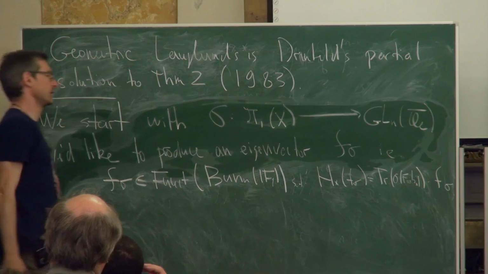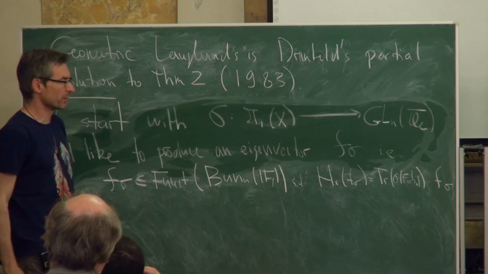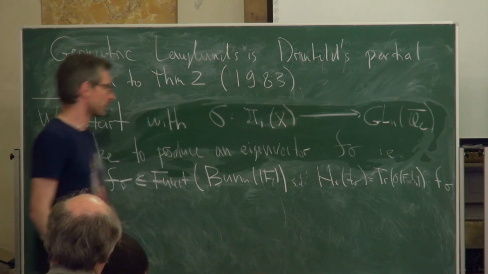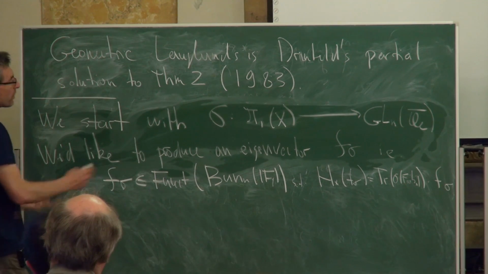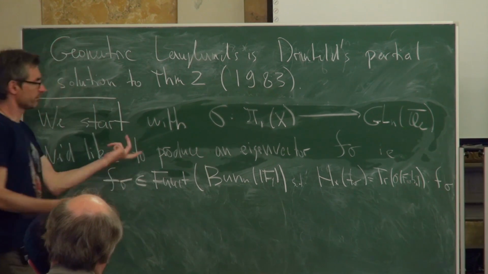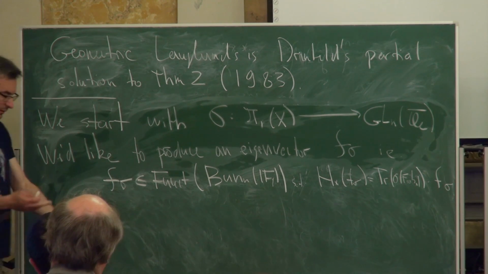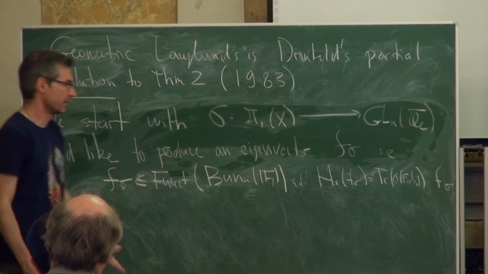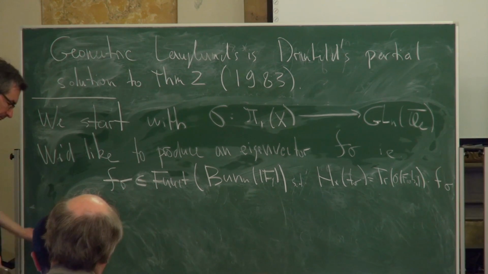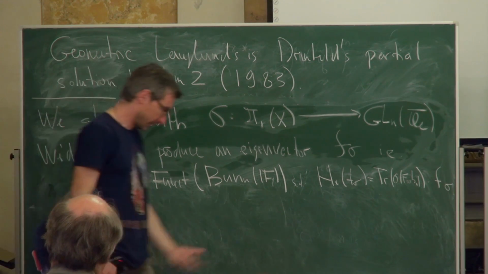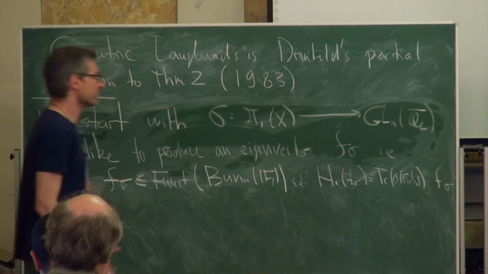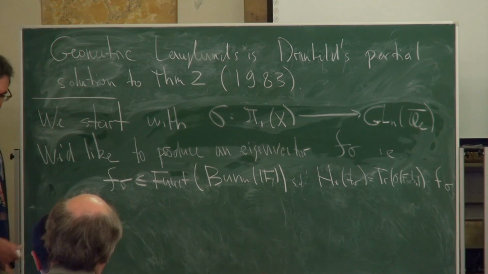And so it's a very non-trivial problem before the work of the two Laforgues. You just have to cook up an eigenvector. Well, an analog of this problem over number fields is equivalent to the Taniyama-Weil conjecture. So it's got to be non-trivial.